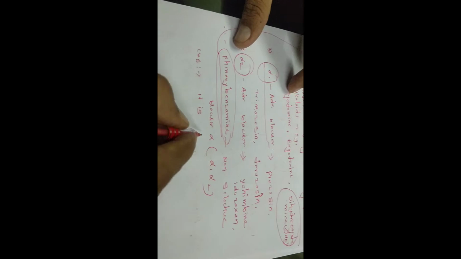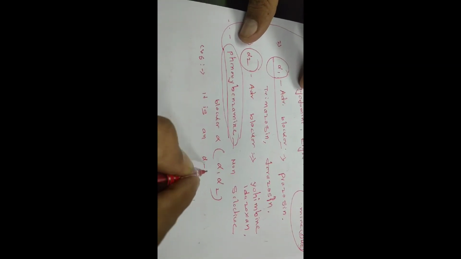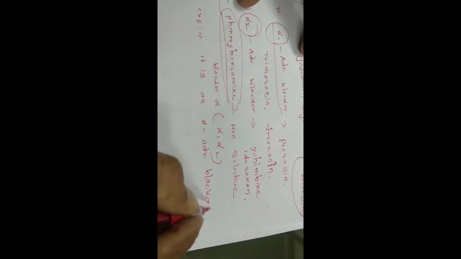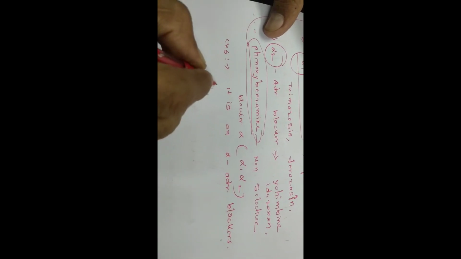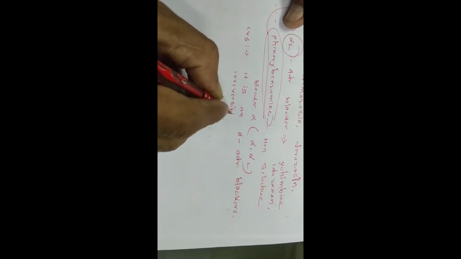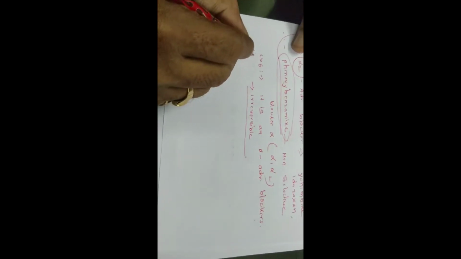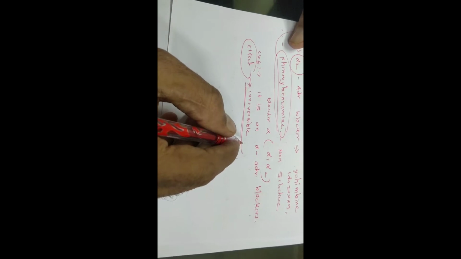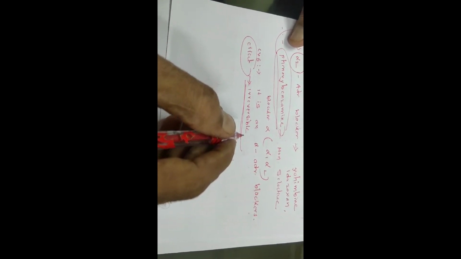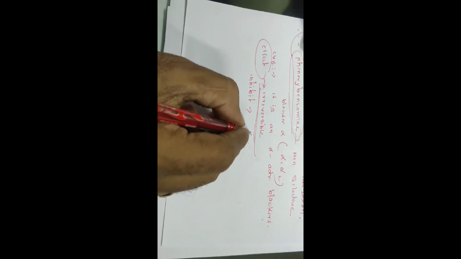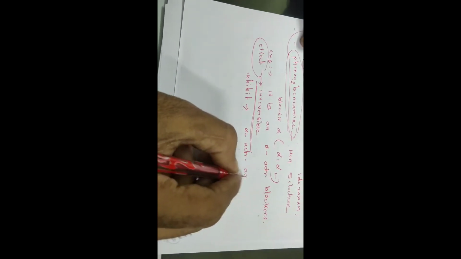Phenoxybenzamine is an alpha adrenergic blocker; you can write the full form, don't write the short form. The effect is irreversible. That is the most important thing. The effect is inhibited by alpha adrenergic agonists.